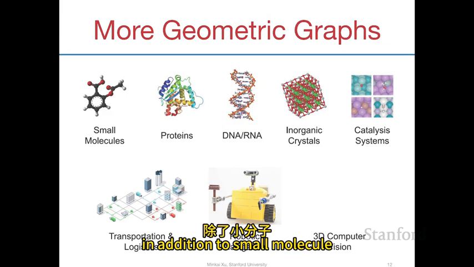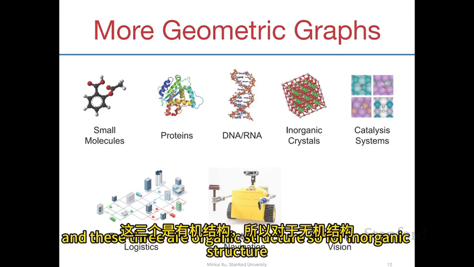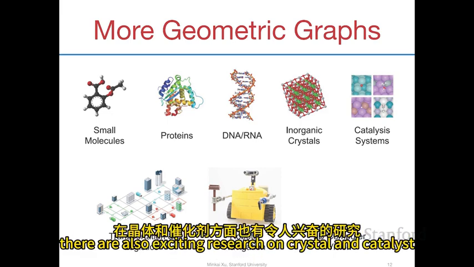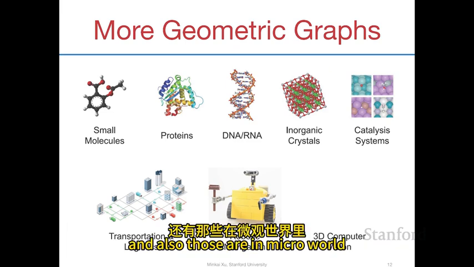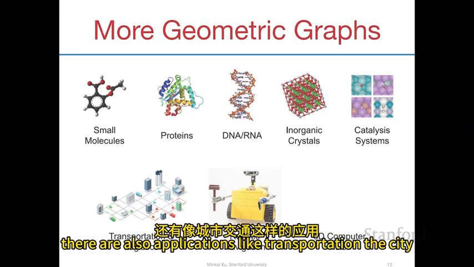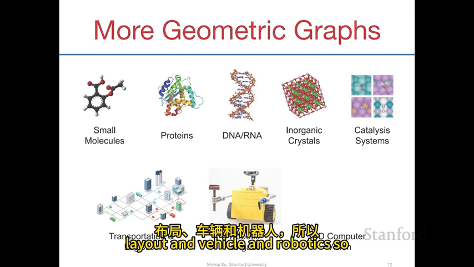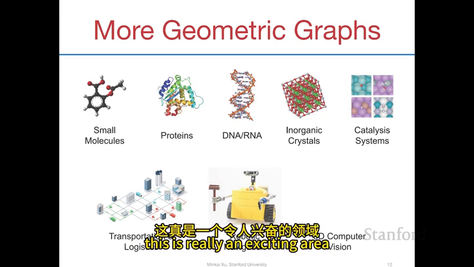In addition to small molecules, there are also slightly larger molecules like protein and DNA. And these three are organic structures. For inorganic structures, there is also exciting research on crystals and catalysts. And also, those are in the micro world. But in our physical macro world, there are also applications like transportation, city layout, vehicles and robotics. So this is really an exciting area.